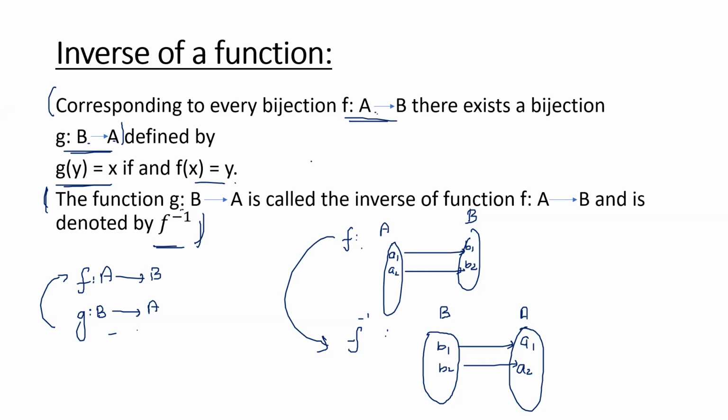Abdul, onto means in the second set, this one B, all the elements have their pre-images. If I write here B3, which does not have its pre-image in set A, then this will not be an onto function. Is it clear? Yes. Okay, great. Everyone, please raise your hand if it is done.